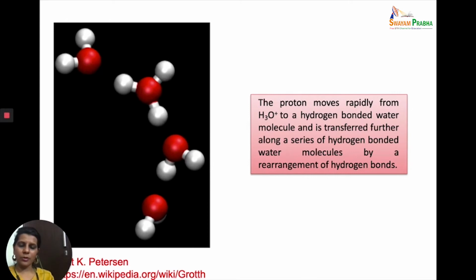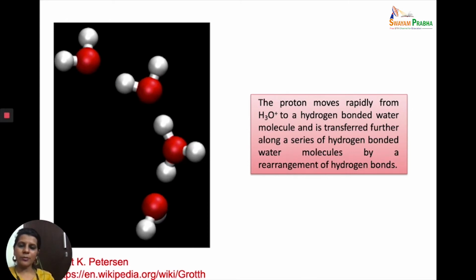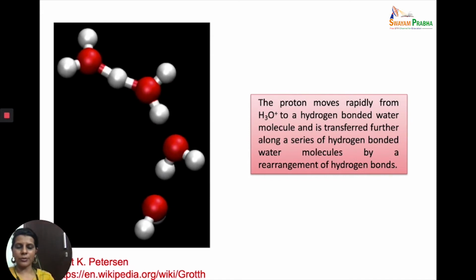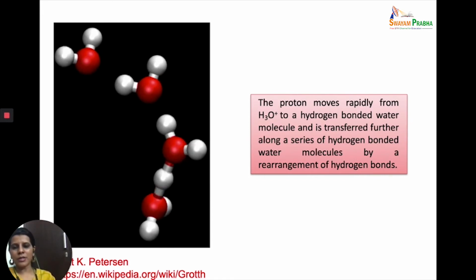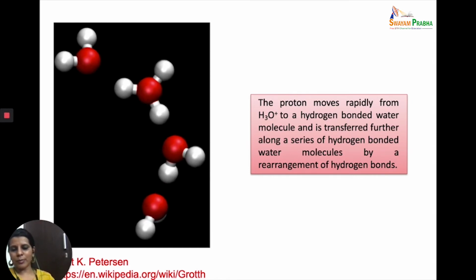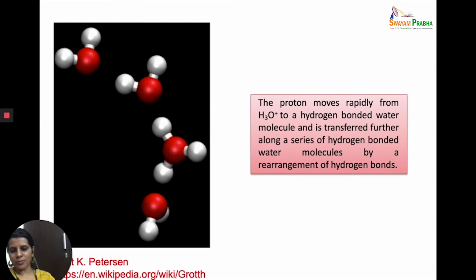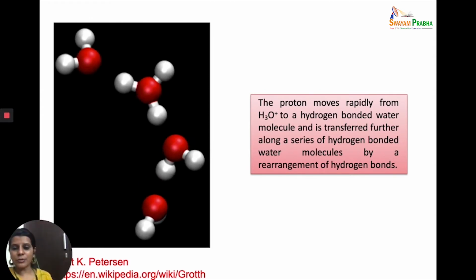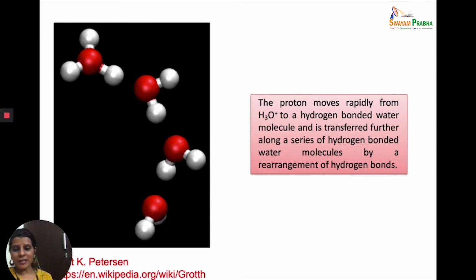According to von Grotthuss, the proton is moving rapidly from one water molecule to another water molecule. This is called proton jump. This proton jump allows the movement of H+ ions from one water molecule to another water molecule instead of physically moving through the solution the way all the other ions have to do.